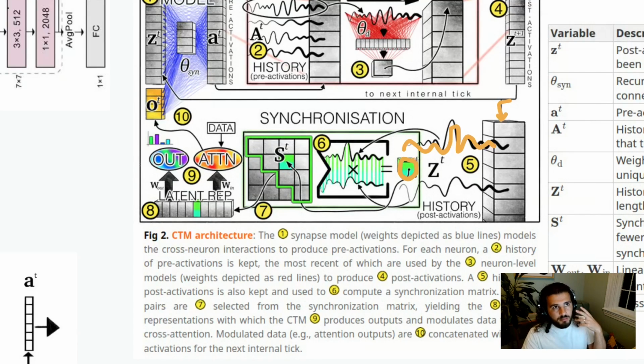It would be very computationally prohibitive to calculate each synchronization pair with everything. So there is some way of selecting which neuron pairs will be together. In their case, they're just doing it randomly, right? Because if you think about it, at the start, each neuron is kind of a soup of neurons, so it doesn't matter.